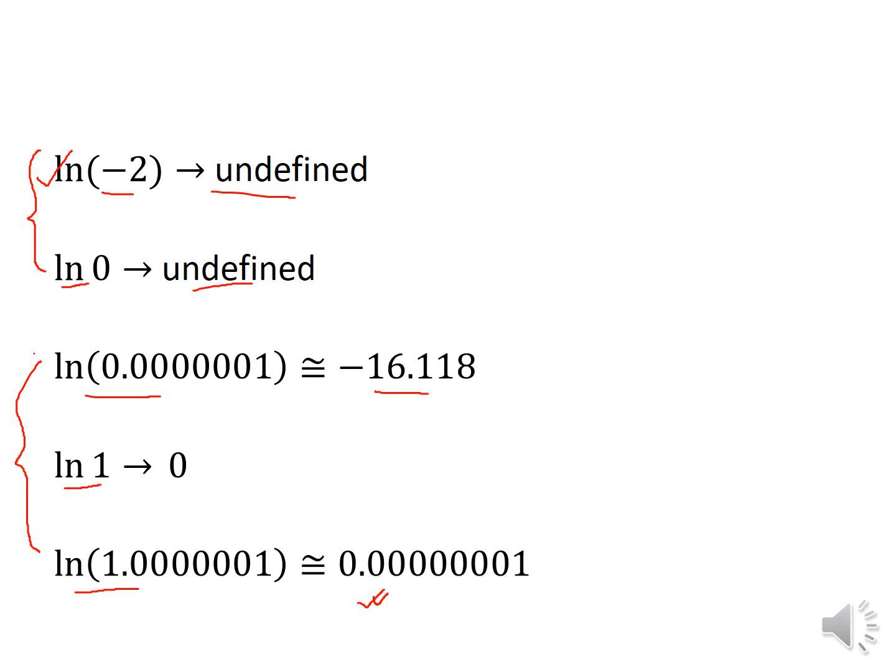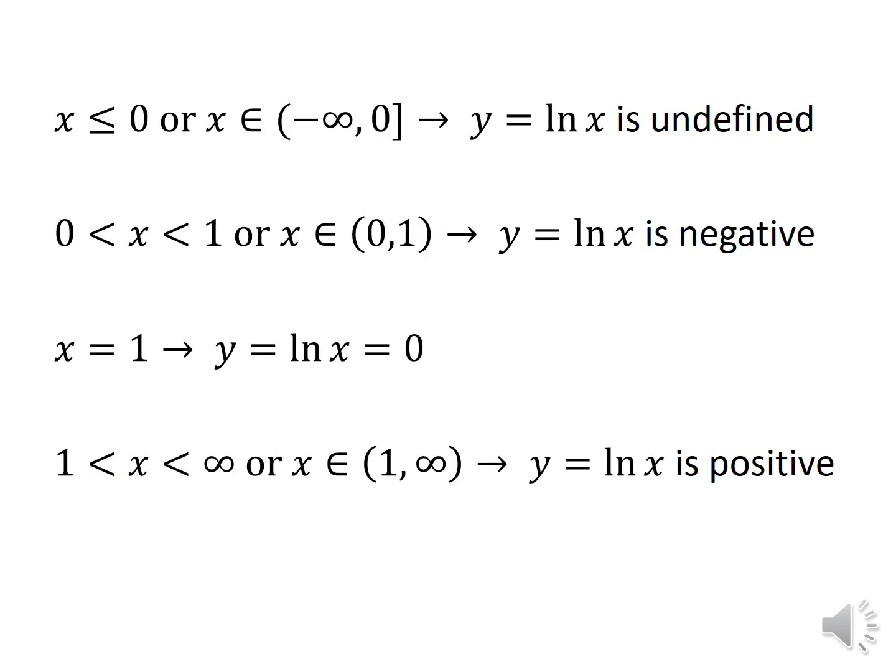Now from this case we see that when x is less than or equal to 0, the y equal to ln x is undefined. When x lies between 0 and 1, that means x belongs to 0 to 1, the function y equal to ln x has negative value.